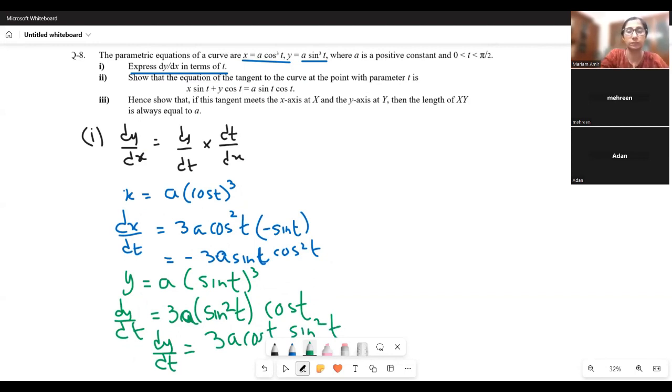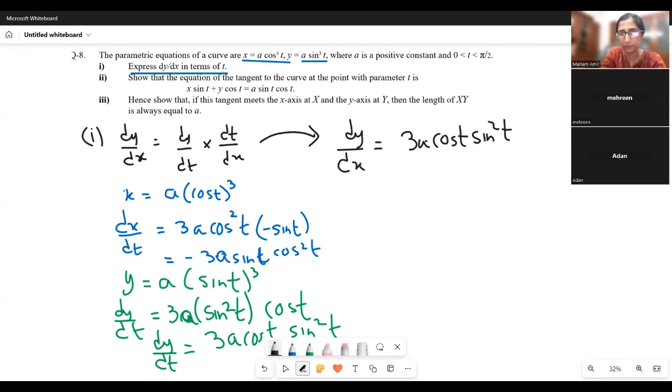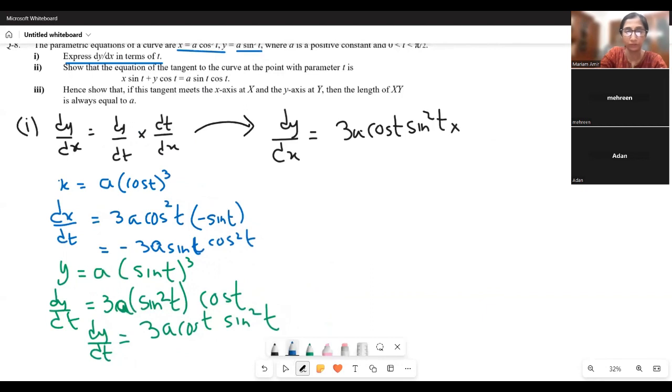Now let's apply the chain rule. So dy over dx equals dy over dt, which is 3a cos t sine square t, times dt over dx. We'll have to take the reciprocal of this because that's dx over dt. So times 1 upon minus 3a sine t cos square t.